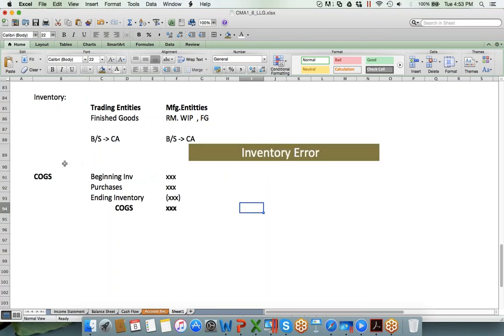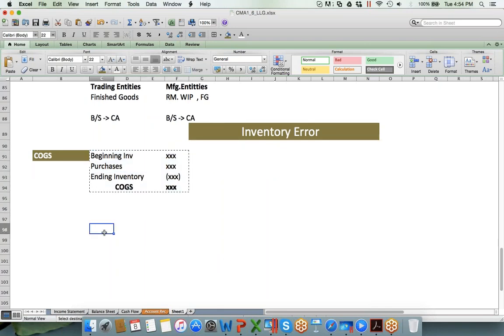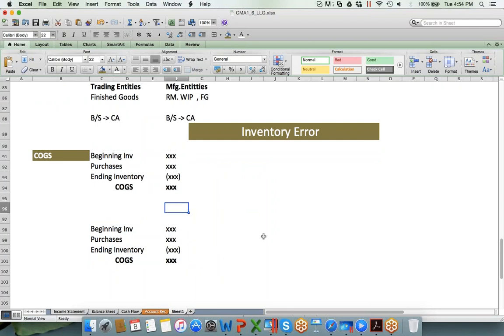As we know, cost of goods sold can be calculated with the help of this formula: beginning inventory plus purchases minus ending inventory gives us cost of goods sold, which is compared with the sales to find the gross profit. Now let me give you a sample of calculations.